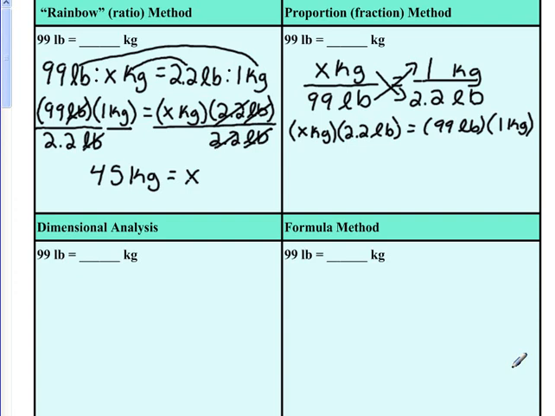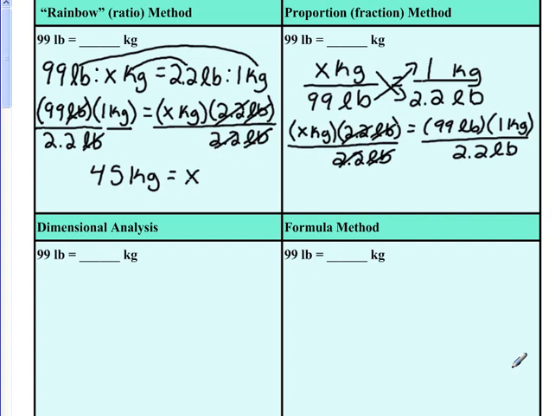To get our x by itself, we need to eliminate the 2.2 pounds. As it is currently being multiplied by the x kilograms, to eliminate it, we will divide. Whatever we do to one side of the equation, we must do to the other. Notice that on the left-hand side, both the number 2.2 as well as the unit pounds cancels out.